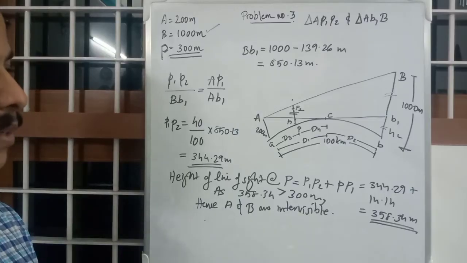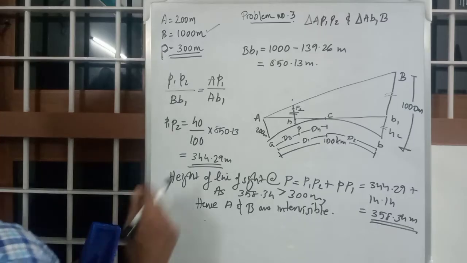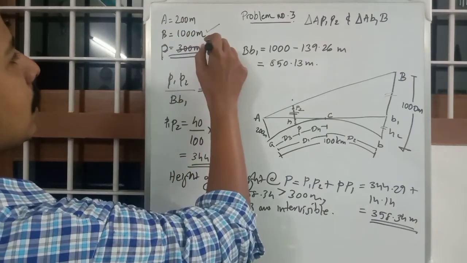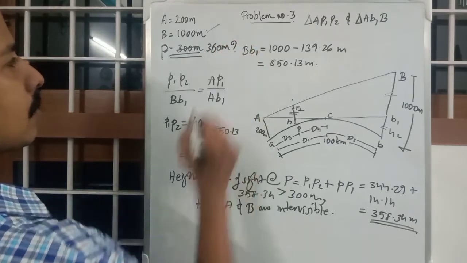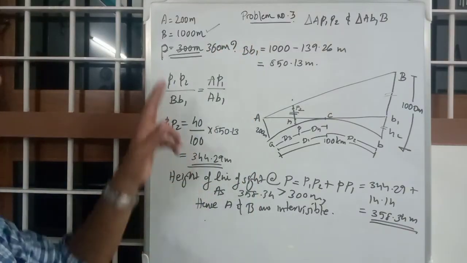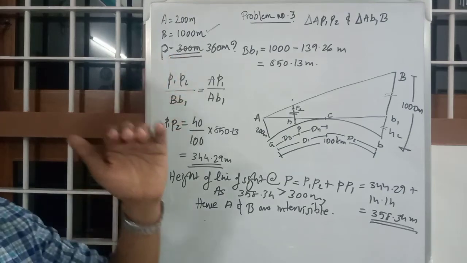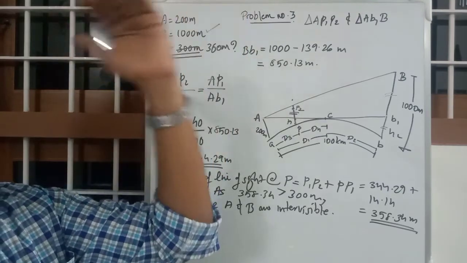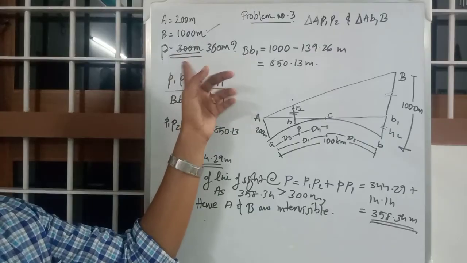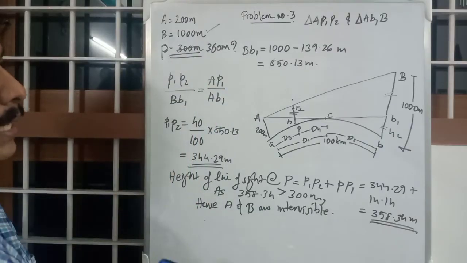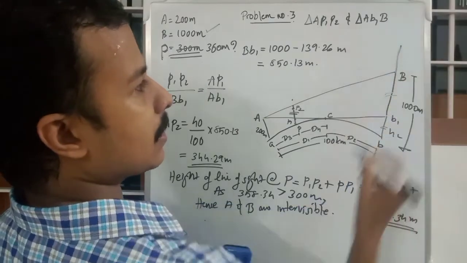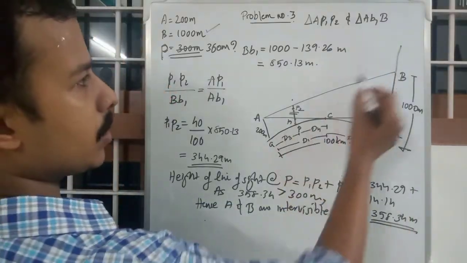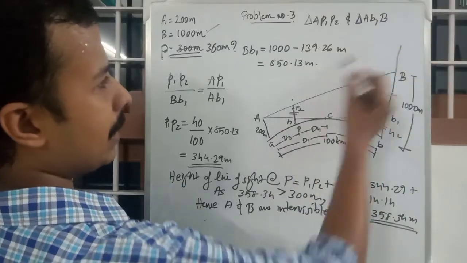And the next question we move on to: what if the height of the peak is raised to 360 meters from 300? Then what should be the increase of height needed in order to make A and B visible again?